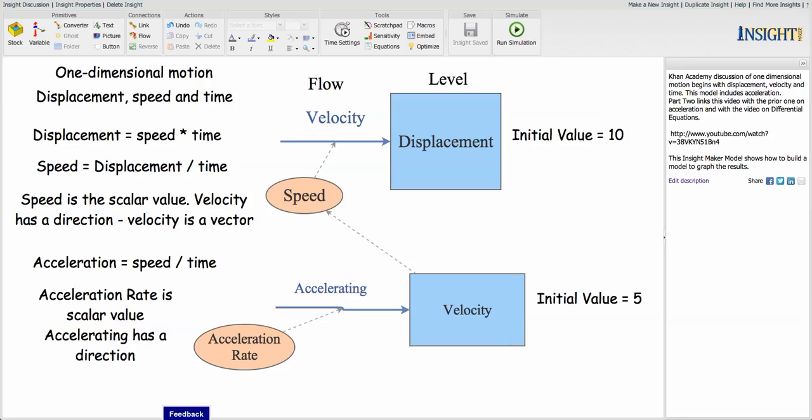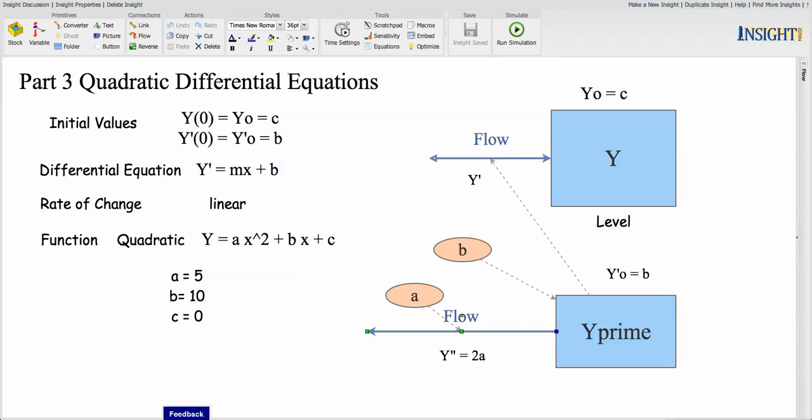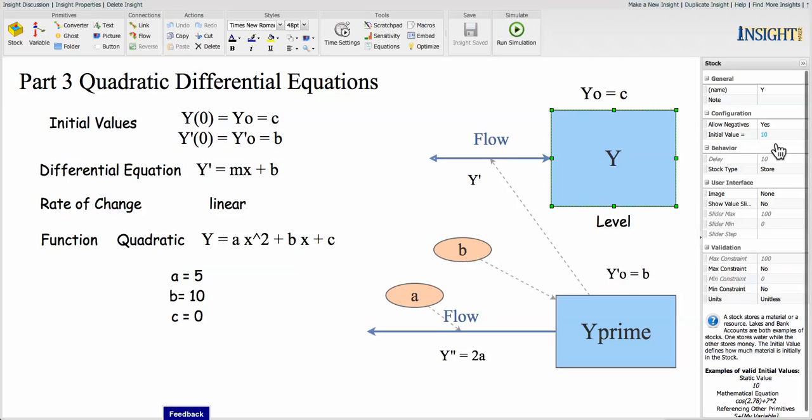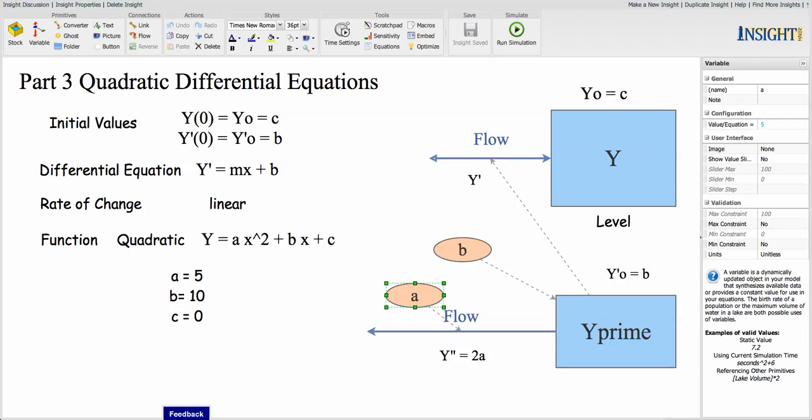So let's just look at these two, and we'll change the data here so that we get the same values. The initial value here is 10 for y, and the initial value down here is 5.